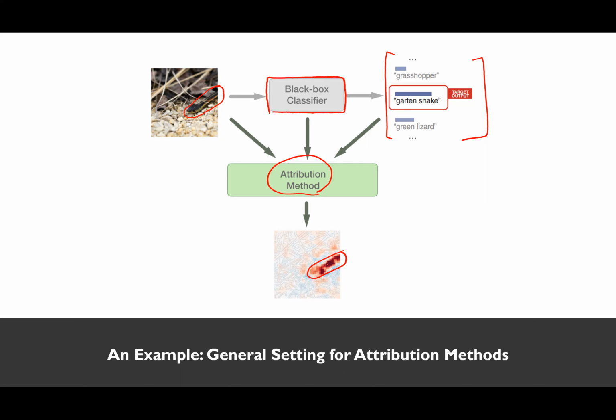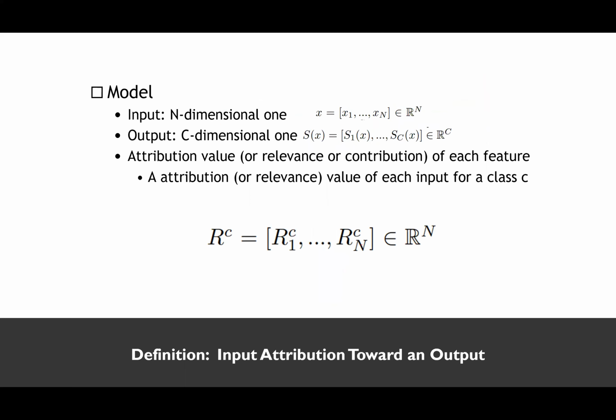In the input, the cartoon snake is highlighted in red, and the other areas are either less highlighted or have negative attribution. So we can define those attributions as follows.